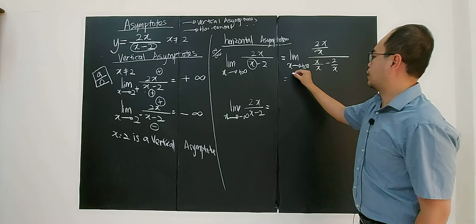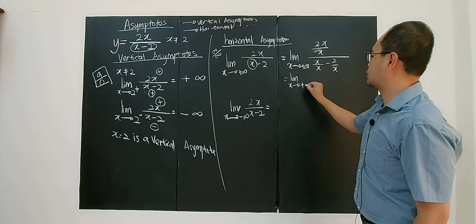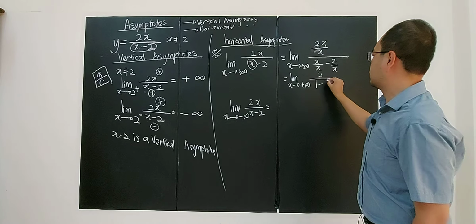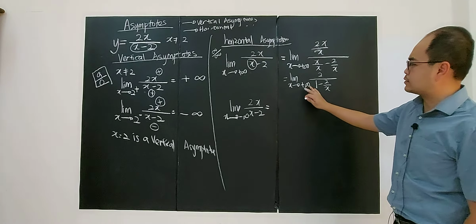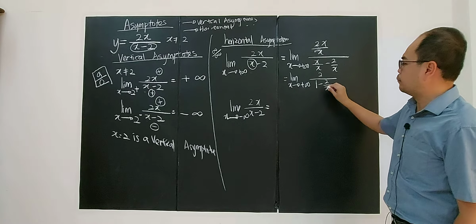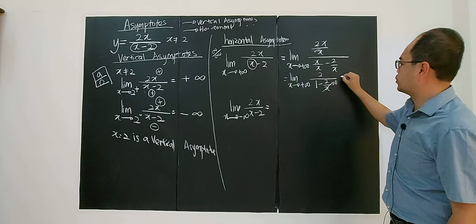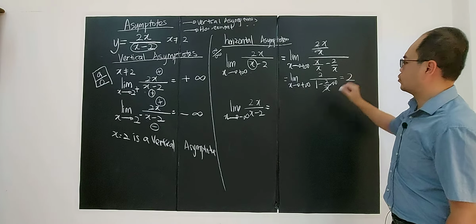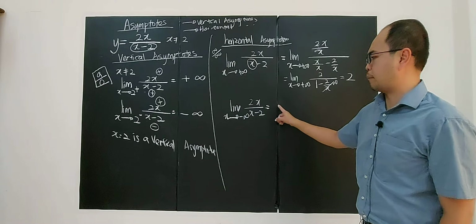So I have the limit as x approaches positive infinity. This one I simplify, I have 2 over 1 minus 2 over x. As the value of x gets very big, a number divided by a very big number is approaching 0. So when you think about 2 divided by 1, it's actually 2. You are getting 2.